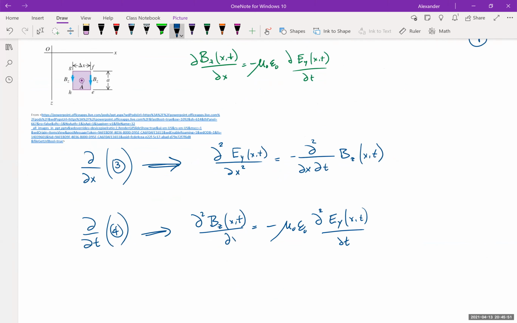We had del x, and we came from the left with del t. But the partial derivatives are commutative. It doesn't matter the order in which we take them. Which means we hop the negative back over.